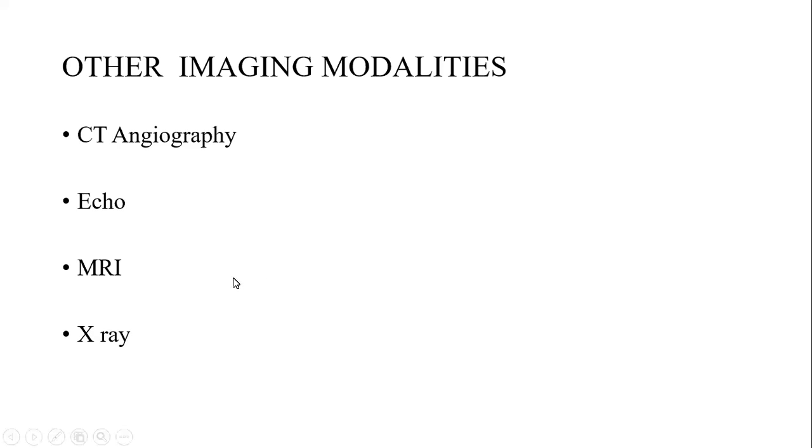Though CT scan is the investigation of choice for aortic dissection, or I would say the gold standard, because when a patient goes for CT angiography, let me say the role of CT in the evaluation of aortic dissection: one, it will confirm the diagnosis; two, it will classify the type of dissection, whether it's type A or type B.